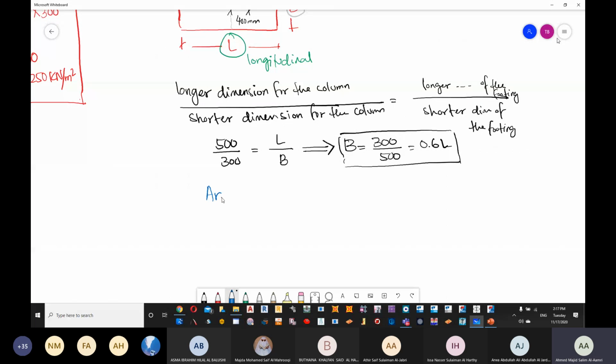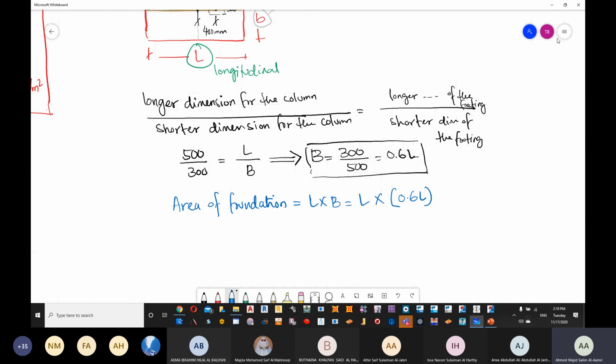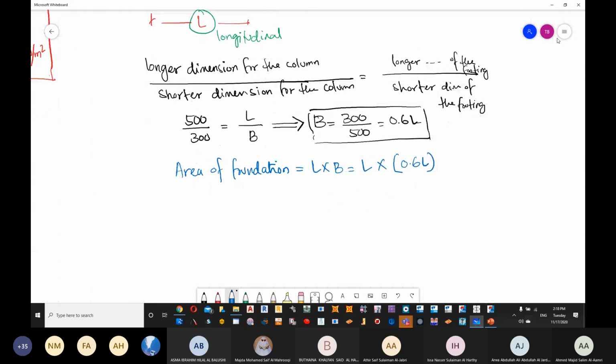We can say that the area of the foundation is equal to length multiplied by width, where the length is L and the width is 0.6 of L. If you do that, you will get 0.6 L squared.